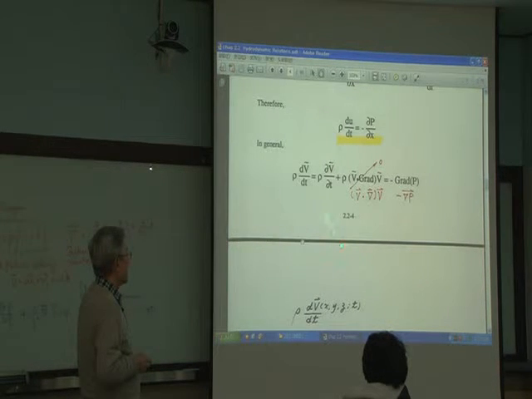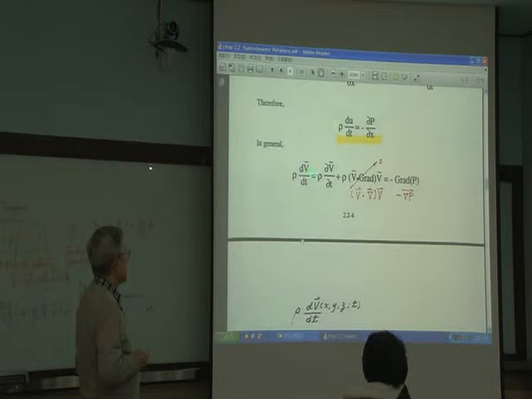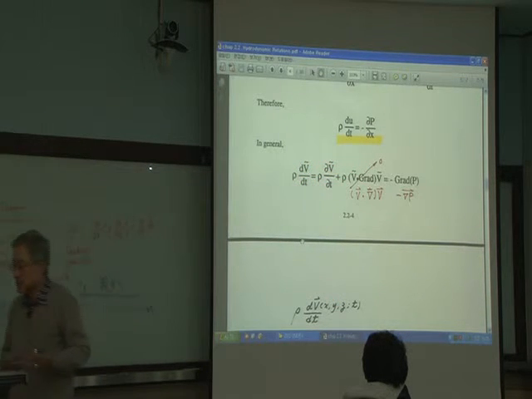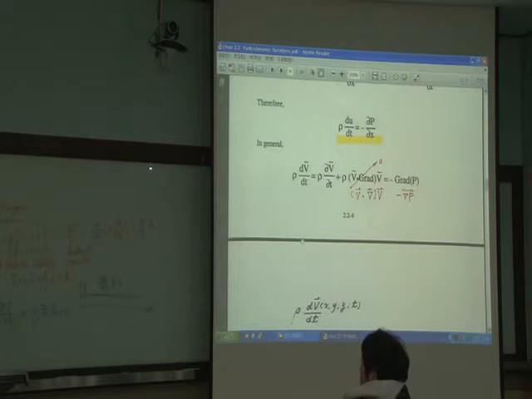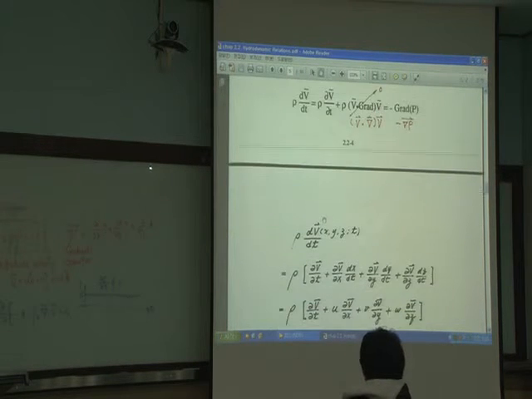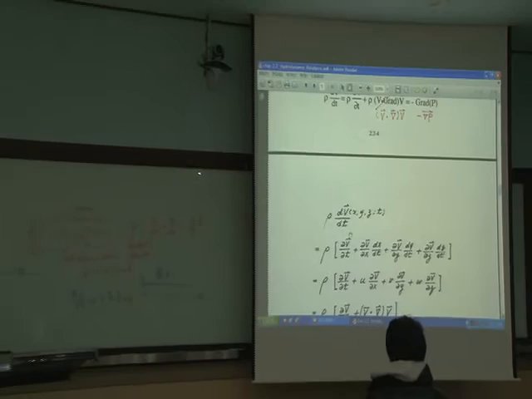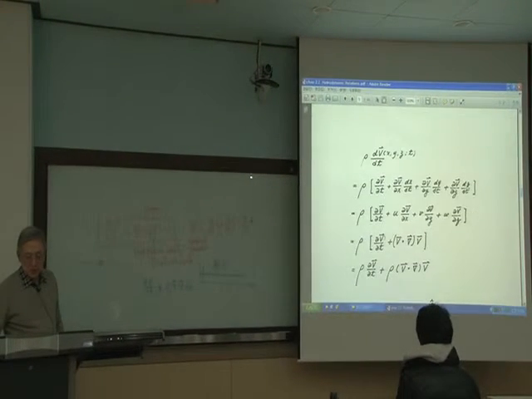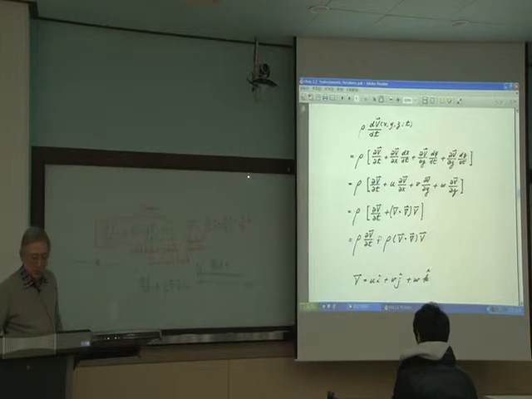So that's what happens. So the derivation from here to here is shown in the next page, because velocity is a function of spatial position, which is x, y, z, and the time t.